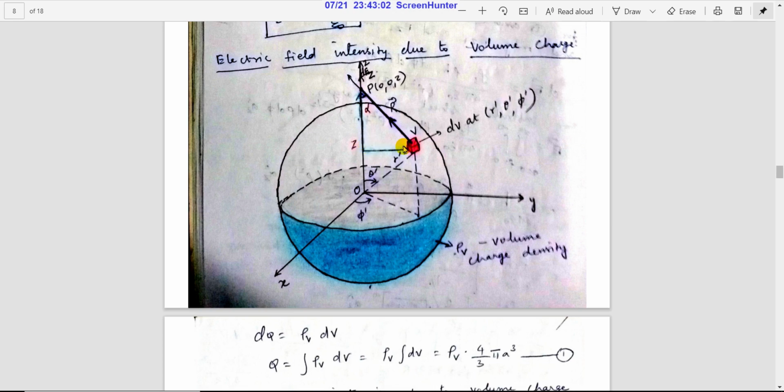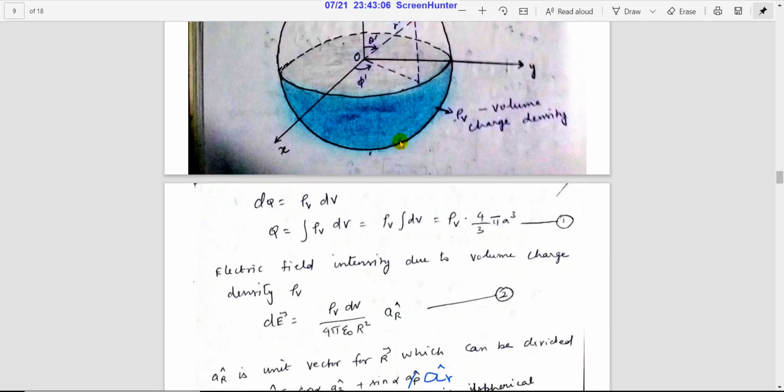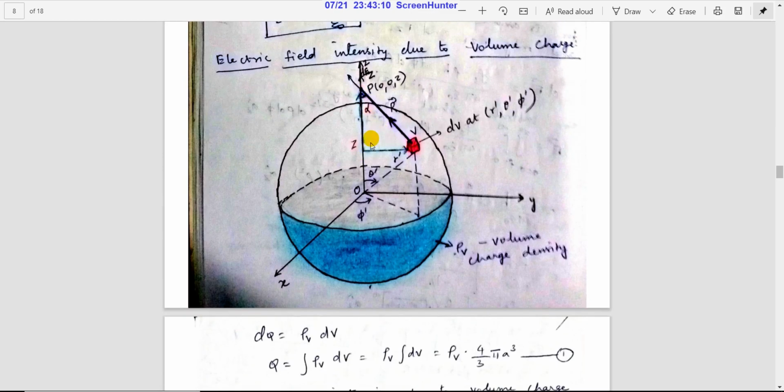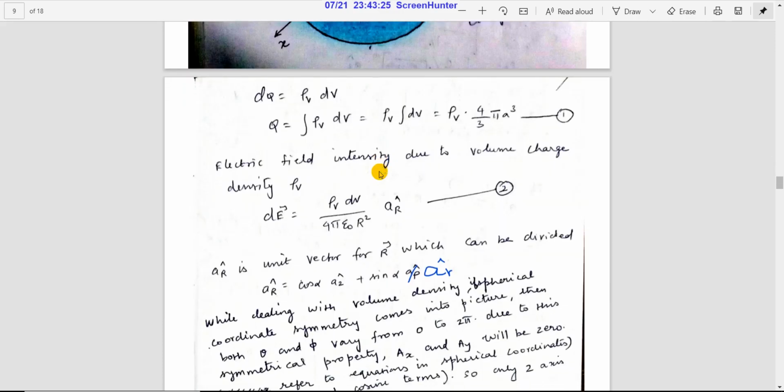This component plus this component will give this component in the unit vector direction. We can take this component as cos alpha and this component as sin alpha, where one component is in the direction of the Z axis and the other is in the direction of the R axis.